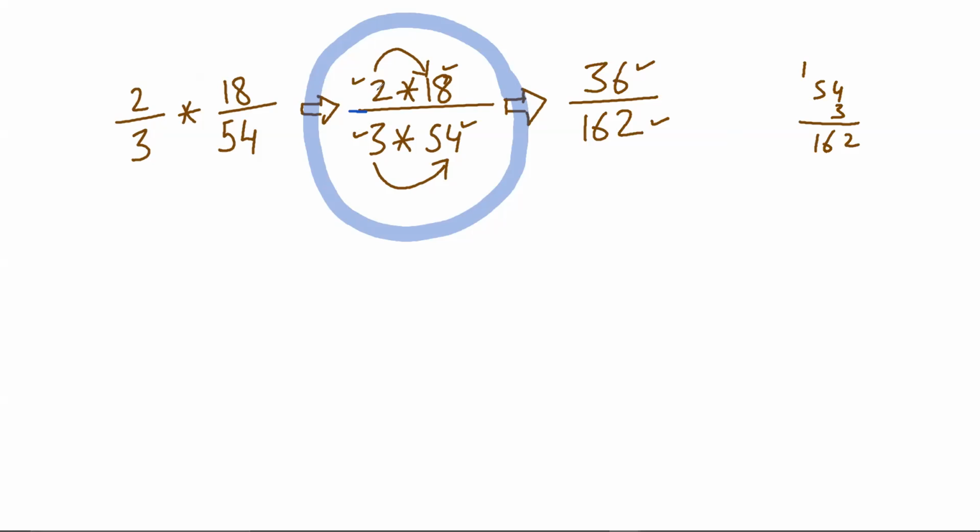I see I can cancel 2 and 54, 27. I can cancel 3 and 18. Is there any other common factor? No, sir. Between 6 and 27, do you see a common factor?